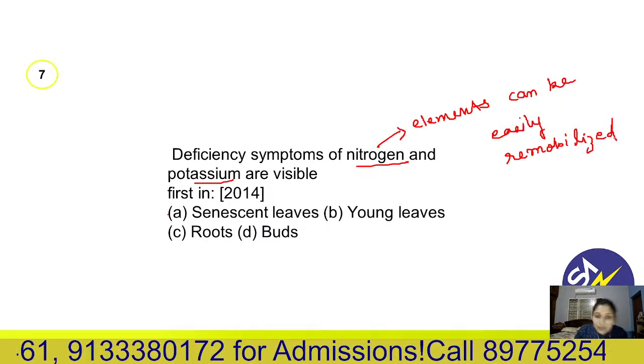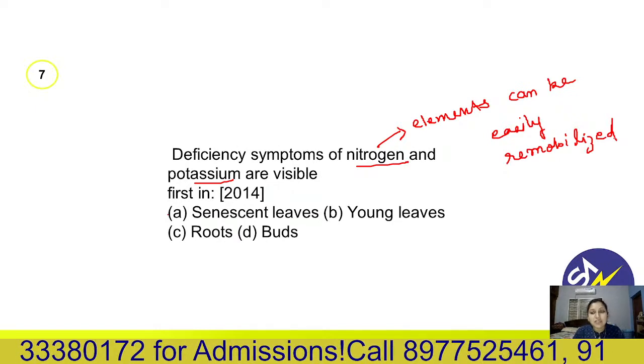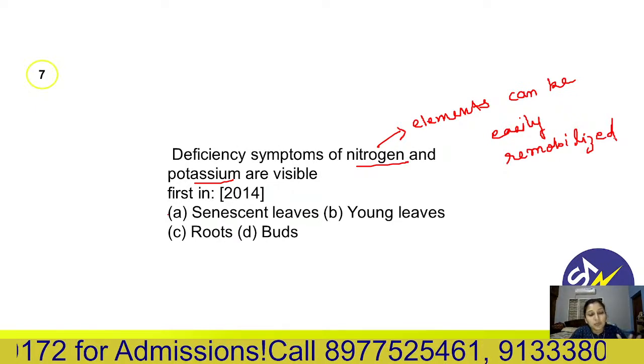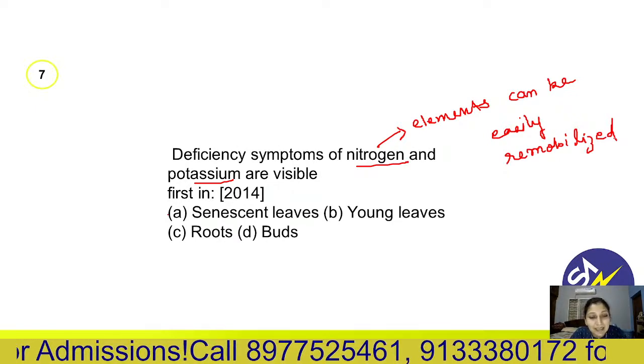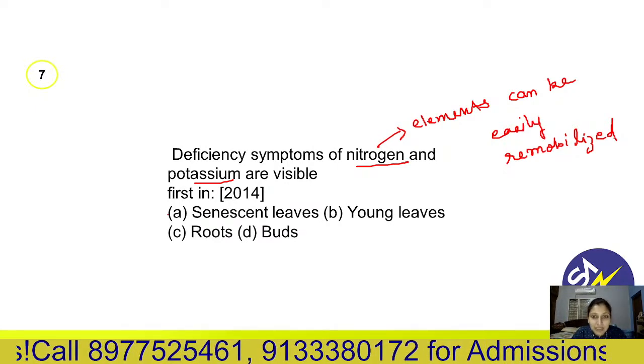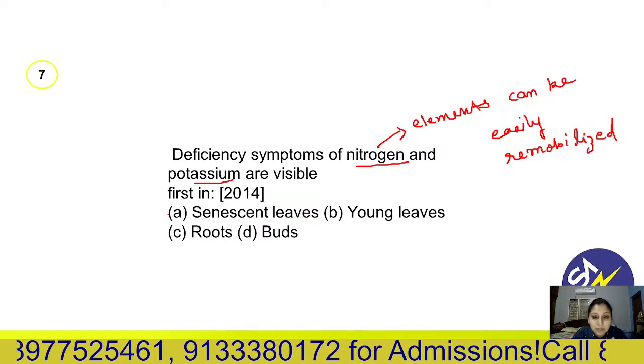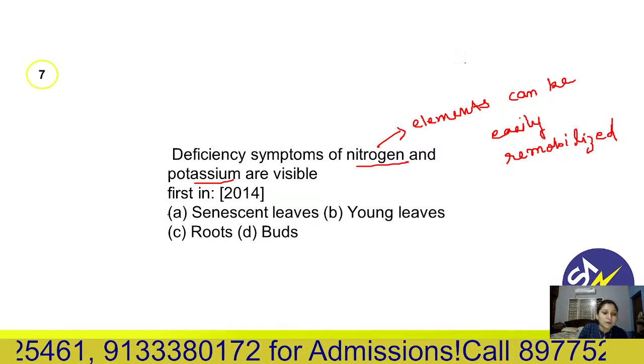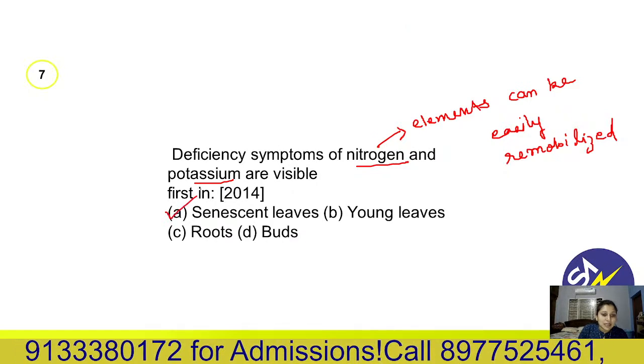When they reach the senescent level, they can transfer these elements to the growing tip. That's why the first deficiency symptoms of these will be observed in senescent leaves.